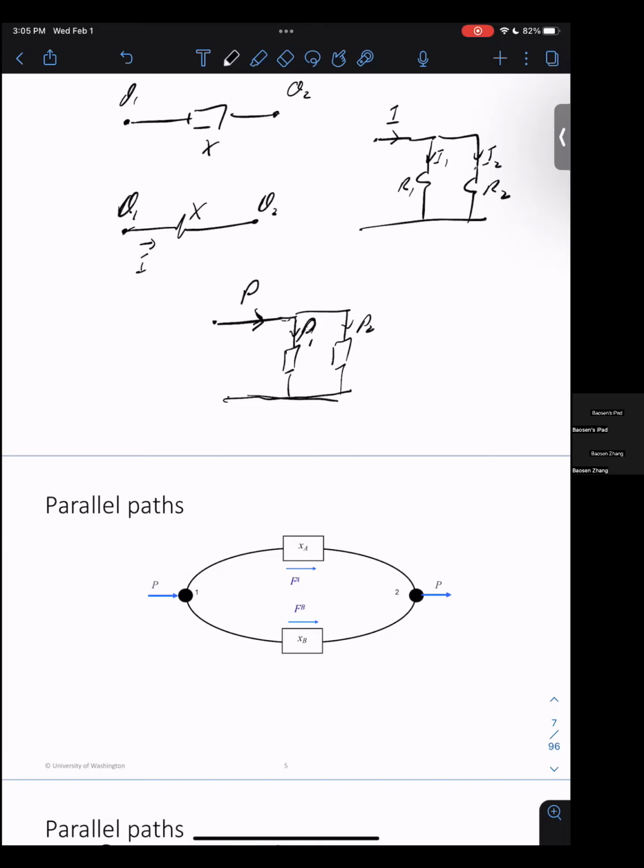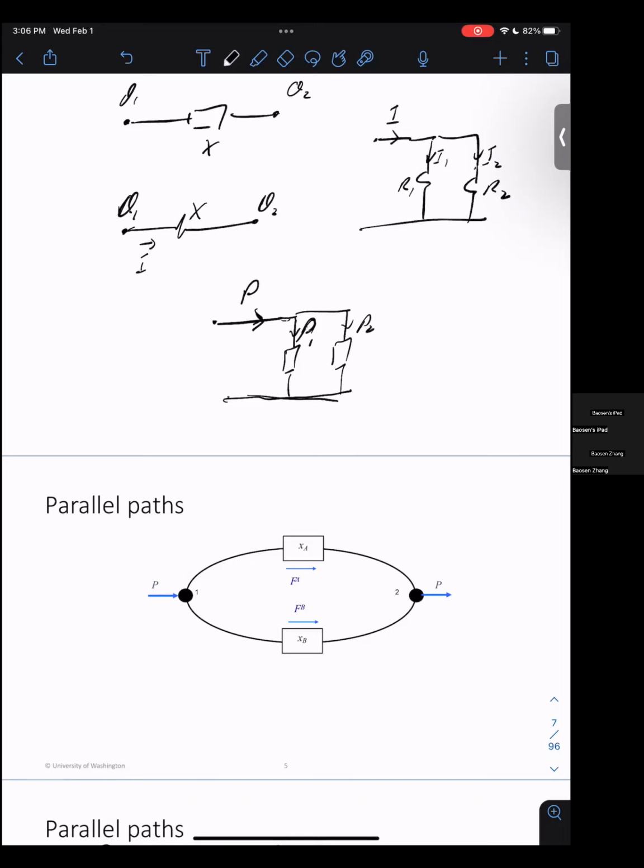Parallel paths are actually not uncommon in power. We have a lot of parallel paths in power. The reason is when you build a transmission line, this is a good example. Let's say you have a transmission line from 1 to 2, and it has some limits, so it can carry a certain amount of power.